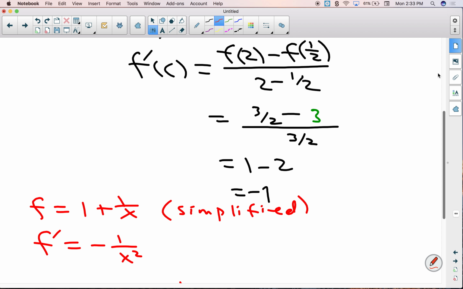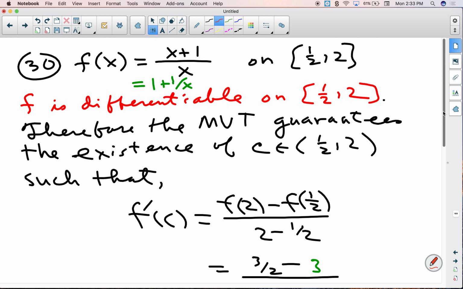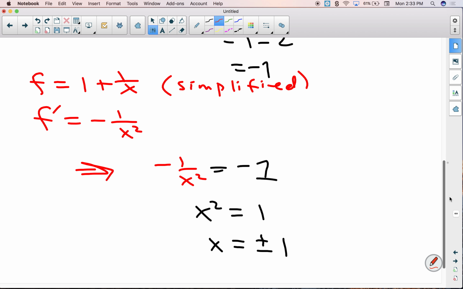So we throw out the -1 solution because only 1 is in this interval. Remember that the theorem guarantees the existence of at least 1 on the interval. So the one that we're looking for is the positive 1. That's the value of c. Okay, is that cool? Yeah.